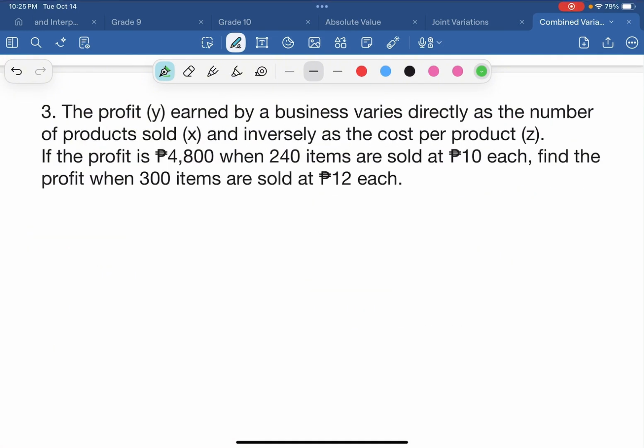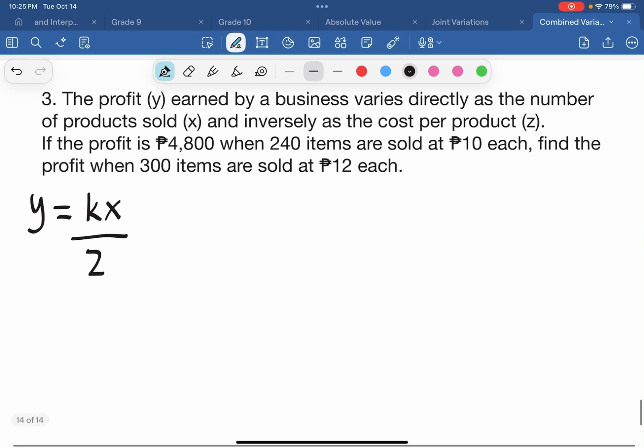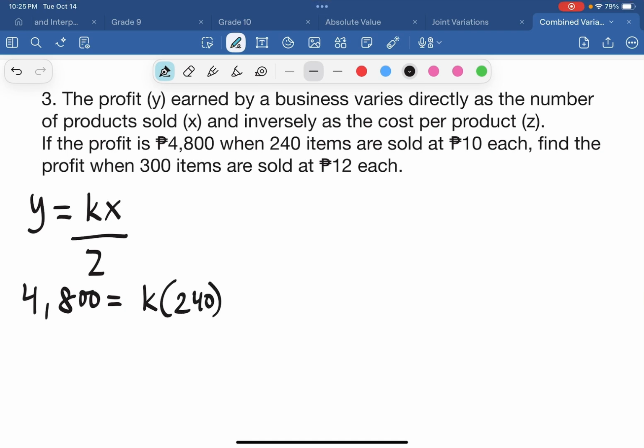Now for the last problem, the profit Y earned by a business varies directly as the number of products sold and inversely as the cost per product. Now if the profit is 4,800 when 240 items are sold at 10 pesos each, so we have 10.